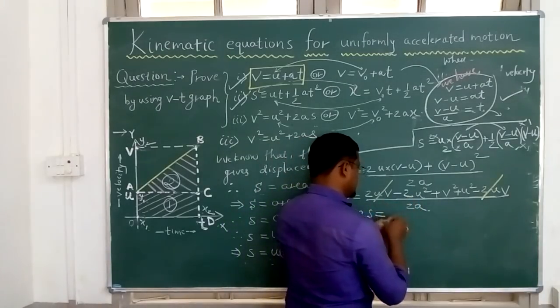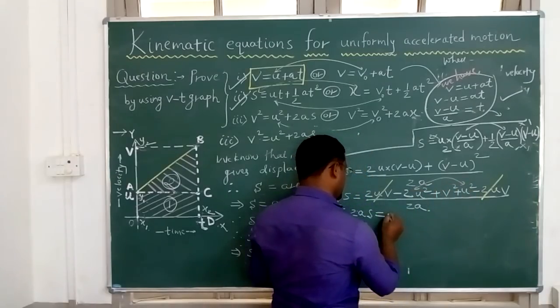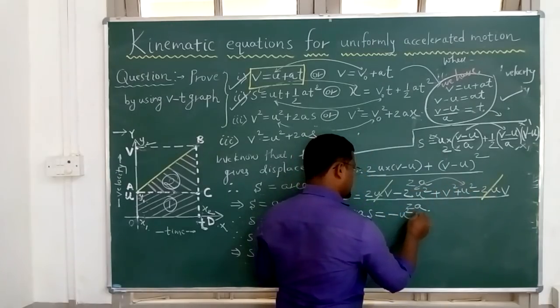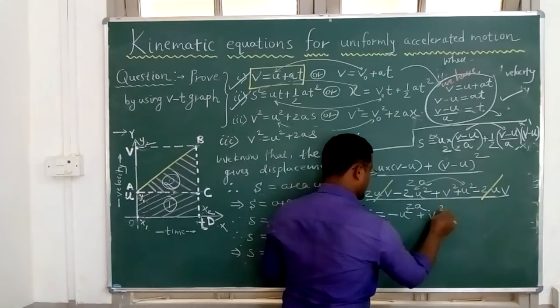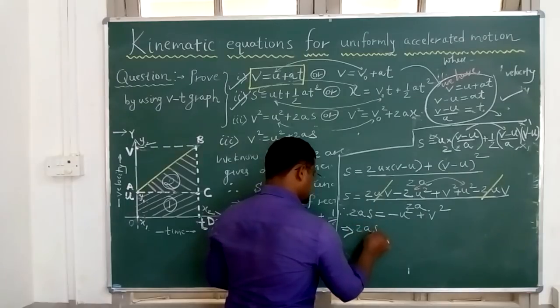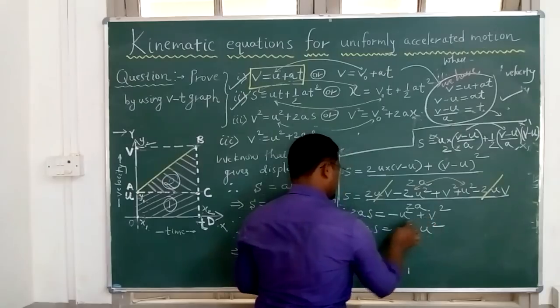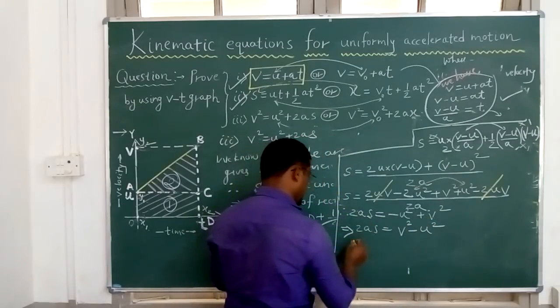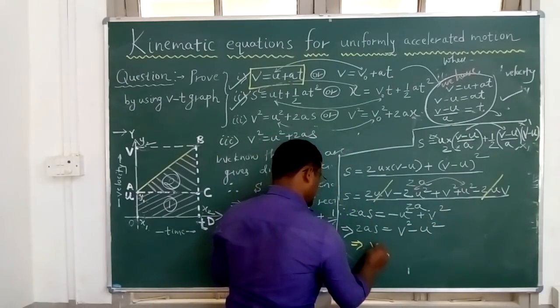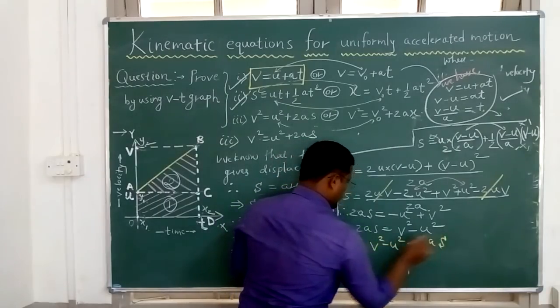I am writing for this here: minus 2U square plus U square. So this is going to be equal to minus of U square plus this V square remained. And this implies my answer 2AS is equal to V square minus U square. V square I have written first and U square later. So this implies my answer V square minus U square is equal to 2AS.